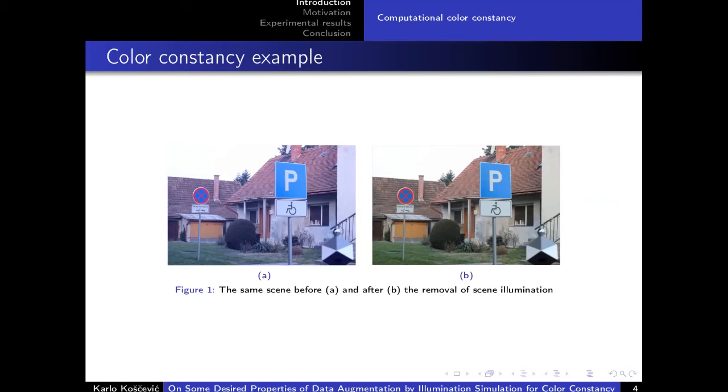Then, using some algorithm, we want to make that image appear as the one shown in figure B, where you can see that there is no influence of this blue illumination and the image appears as if it was captured under a white illumination. That's what we want to achieve. Here, by white illumination, we mean an illumination that does not change the colors of objects in the scene.